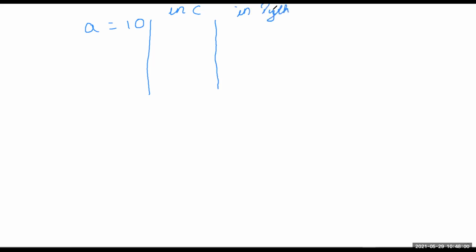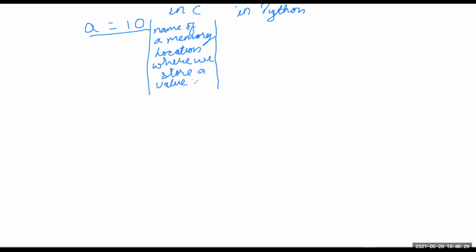आपने C में तो पढ़ा है ना? What is the meaning of this declaration? In C, we say that A is the name of a memory location where we store a value 10.